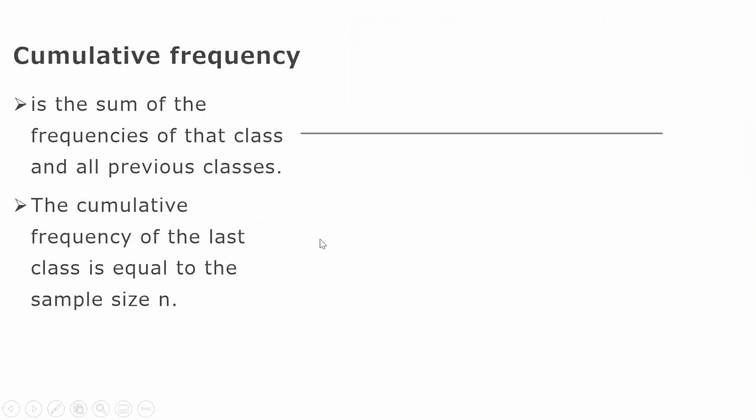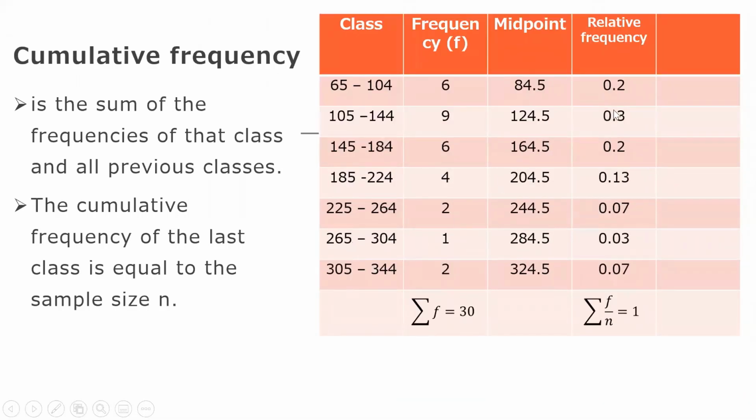Let's talk about the cumulative frequency. The cumulative frequency is the sum of the frequencies of the class and all previous classes. So the cumulative frequency of the last class is equal to the sample size n. So again, we have the classes, the frequency, the midpoint, the relative frequency.